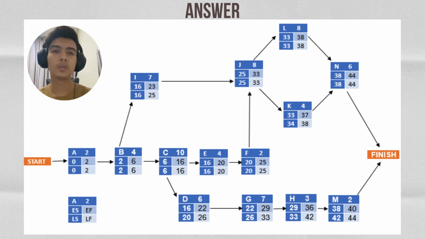So continue the operation until column A, but where the column splits into two sources, we put the same number from the late finish. So that's all for the solution to find the late finish and late start.